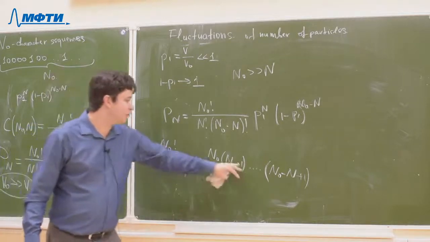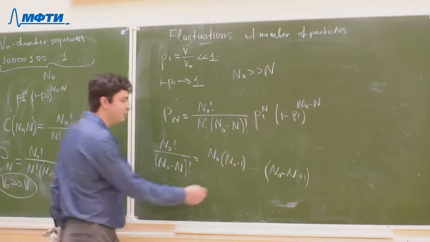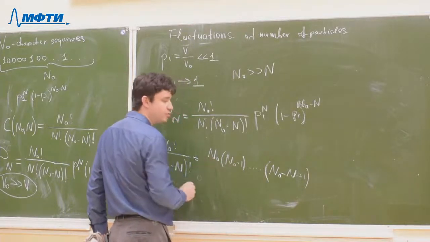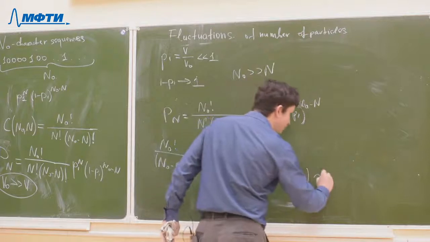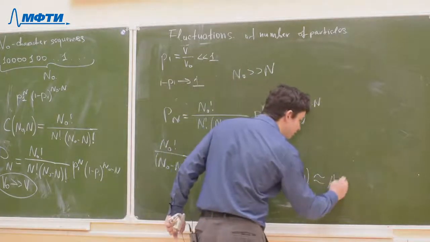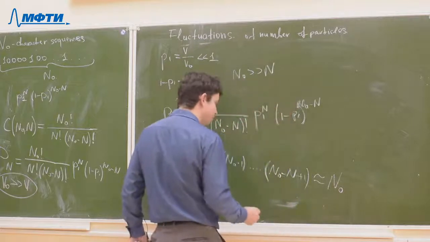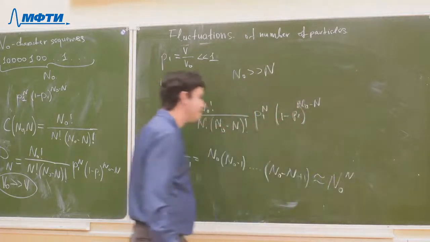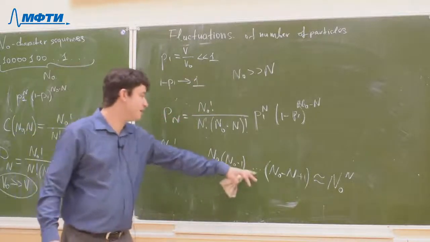And all of these numbers are almost equal to n0. So we can write that approximately this product is equal to n0 to the power of n. We have exactly n numbers.